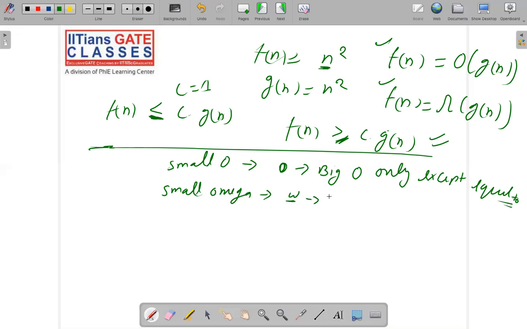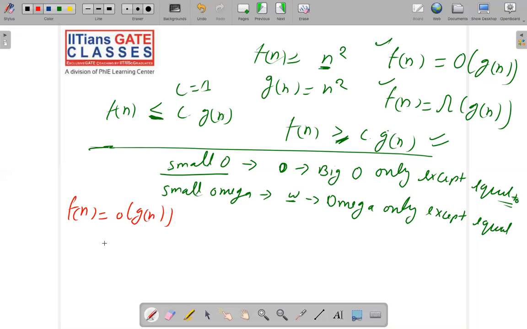Similarly, small omega is omega only, except the equal part. So if we say that Fn equal to small o of Gn, then Fn should be strictly less than Cgn. There is no equal to here. Similarly, if we say that Fn equal to small omega of Gn, it means that Fn should be strictly greater than Cgn.